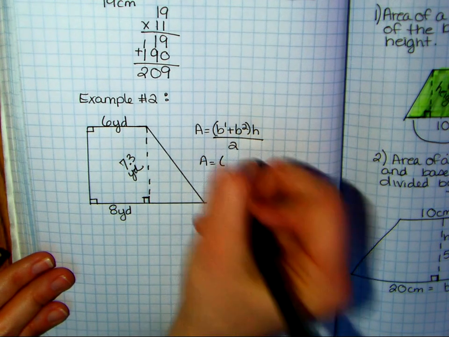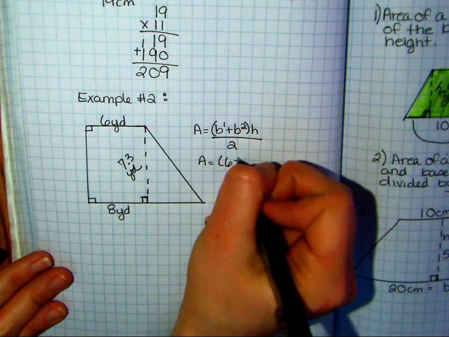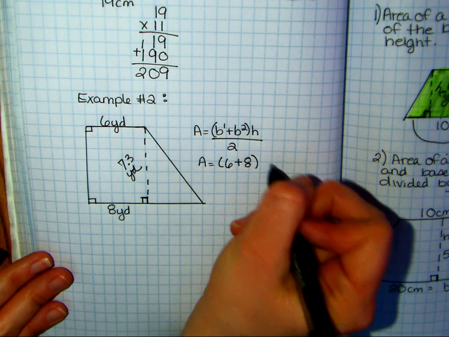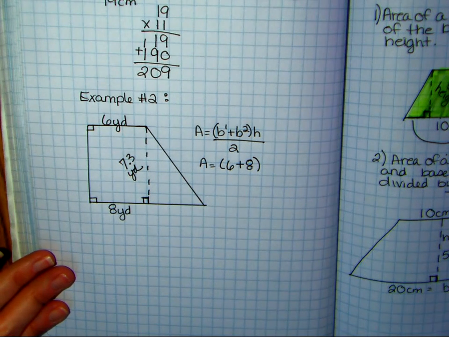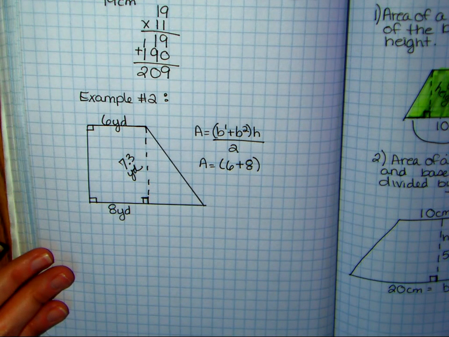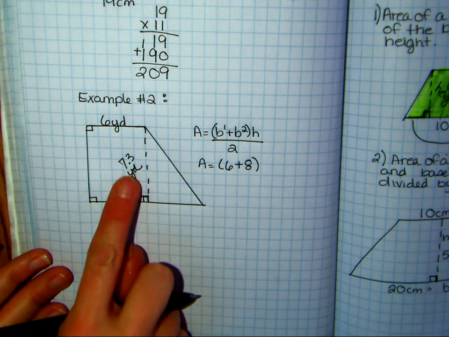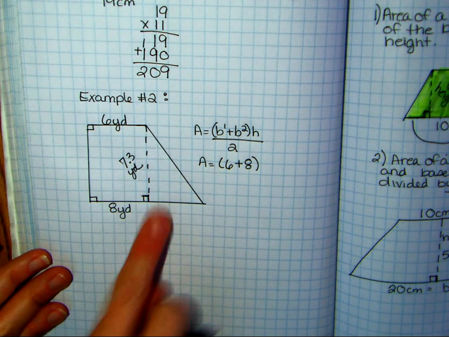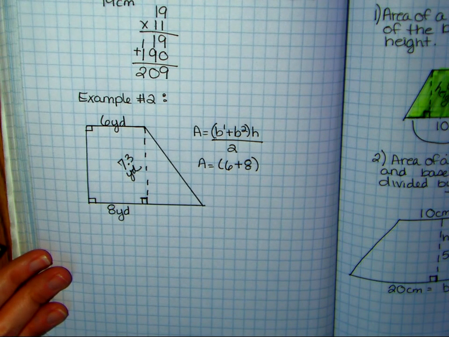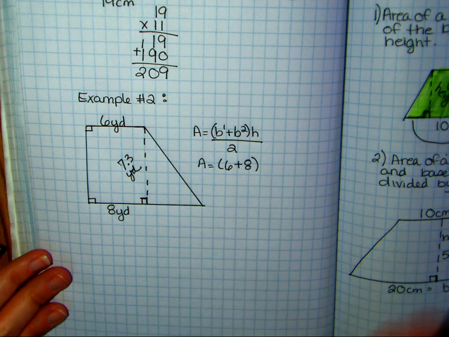So base 1 and base 2 are here. We're going to plug in 6 plus 8 times the height. Brooke, what's the height? It's the line that's connecting base 1 and base 2. 7.3. Good.